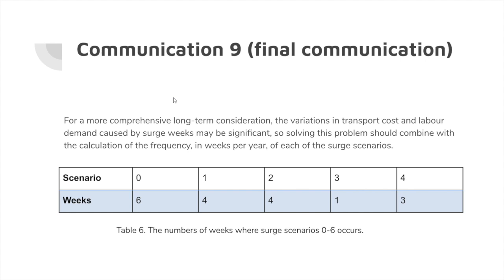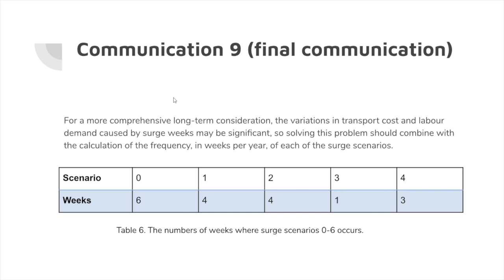In Communication 9, the significance of surge weeks is provided. And now we can consider your demand on a yearly basis. Scenario 0 to 4 would appear for different lengths in an entire year, as shown here in the table. Scenario 0 would appear for 6 weeks.